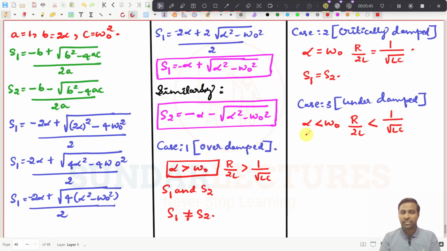And what happens in this condition? S1 and S2, this is very interesting. These values will be complex conjugates. In the first case, both will not be the same, they are distinct, with different values. In the second case, both S1 and S2 will be the same, and here S1 and S2 will be complex conjugates.